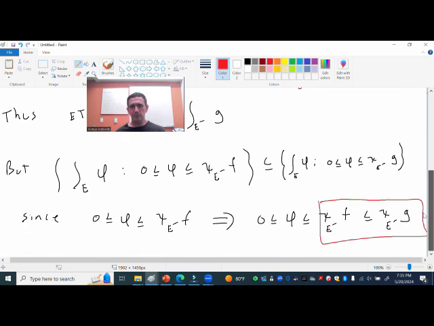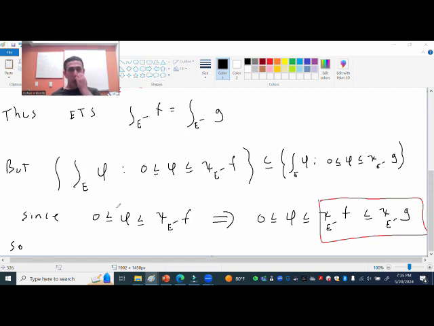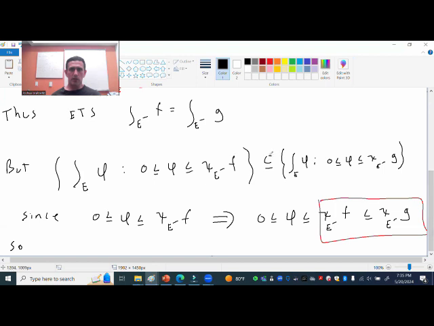So take an integral in this set. You get an integral here. And so by literally the definition of these two integrals, the supremum of the smaller set is less than or equal to the supremum of the larger set.